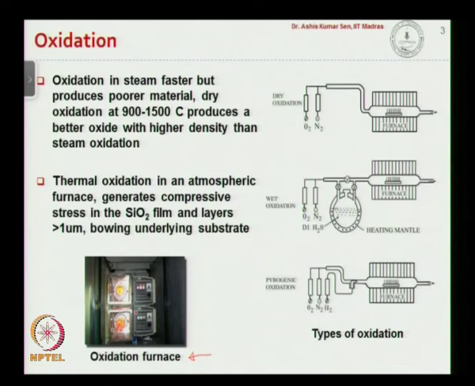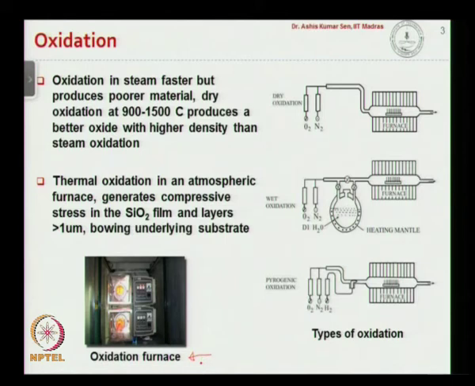So it moves very slowly with time. So we know how much time the board needs to stay inside the oxidation furnace. So accordingly it moves from one end and it can come out at the other end. Okay. So this is a typical oxidation furnace that is used to grow oxide layer.